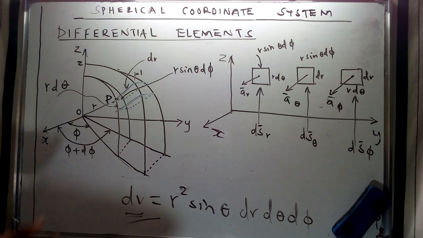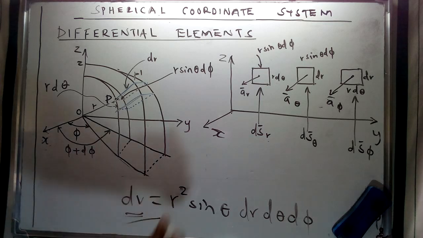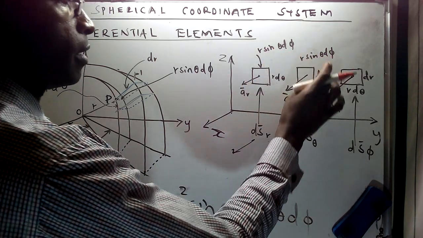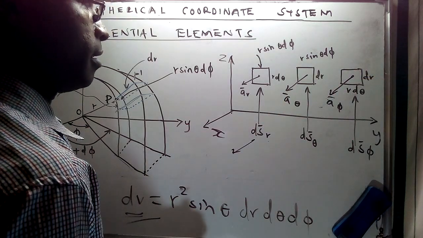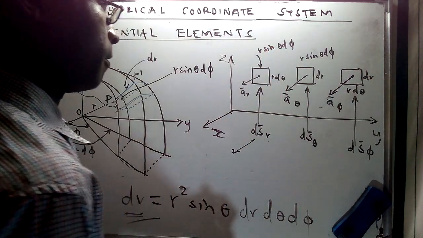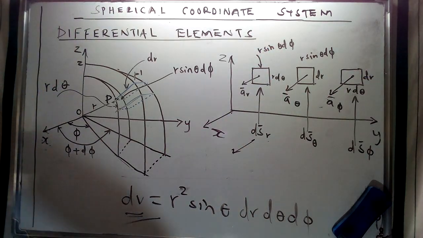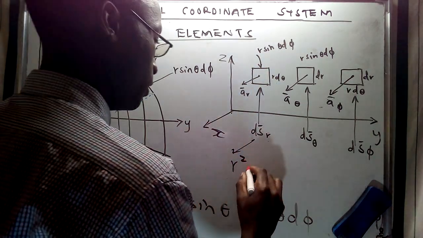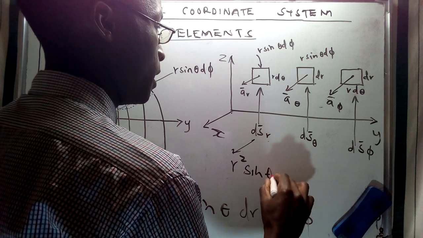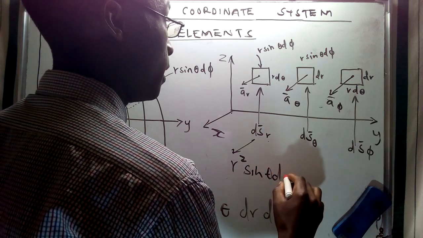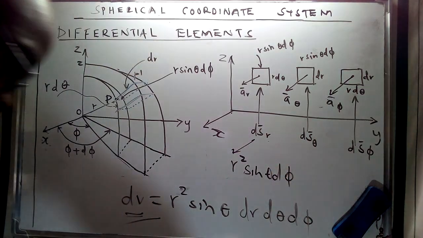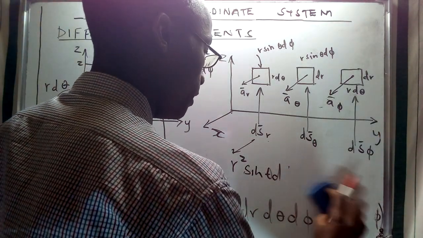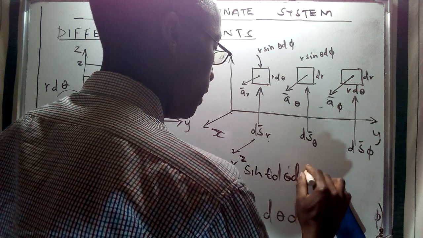So therefore we can find the description for this various range of surfaces by just having a product of these two variables for each surface. For instance, for this first one, we can give it as a product of this, which is the square of r, and then the sine of theta, d theta d phi, given as such.